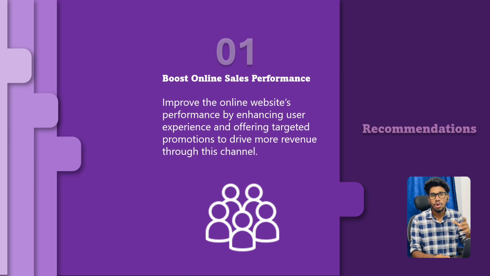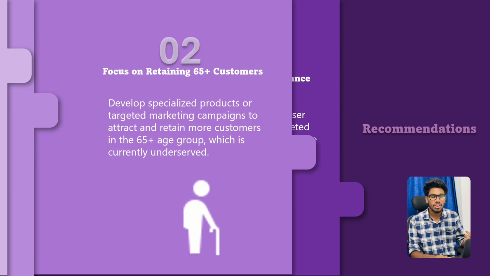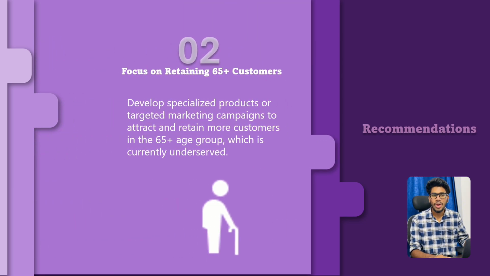They need to improve the online website performance by enhancing the user experience and offering targeted promotions. The second recommendation is that they need to focus on 65 plus age group customers, by giving more offers on products which will attract them a lot.